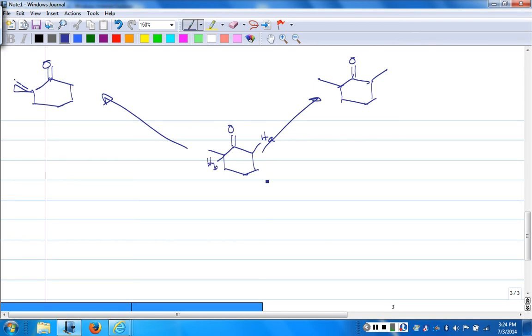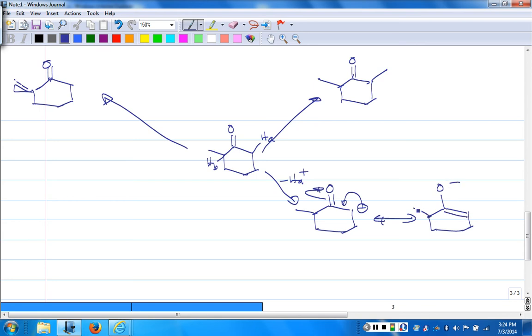If I remove HA plus, what that gives me is the enolate, which has this structure. So I'll have a minus charge here, double bond O, and this enolate is resonance stabilized. I can show this resonance form.